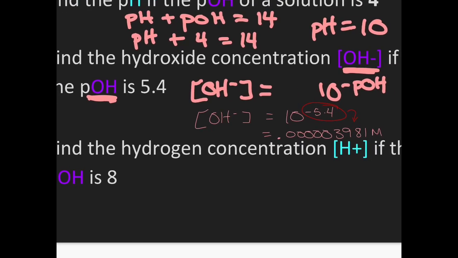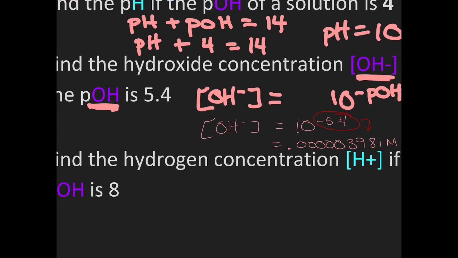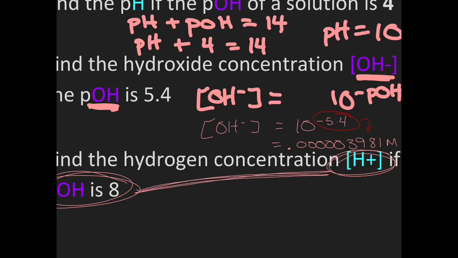Let's take a look at a third example. This time we're looking at the hydrogen concentration. Oh look, it's H plus, if my pOH is 8. Do these two go together? Does H plus go with pOH? No. That means I need to take my pOH and put it into something that I can use for my H plus.